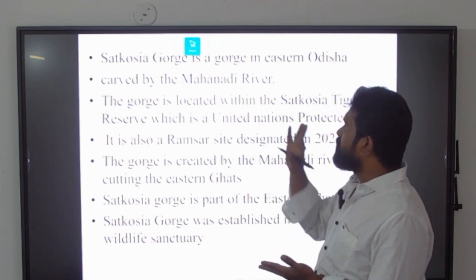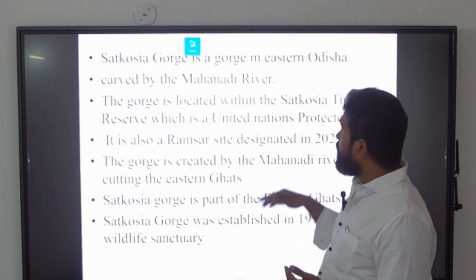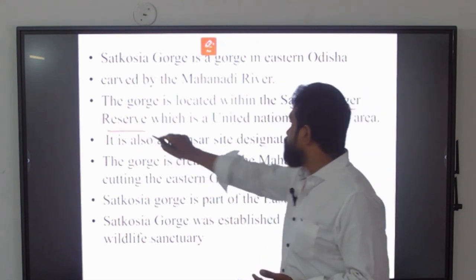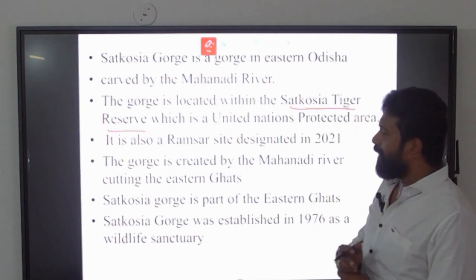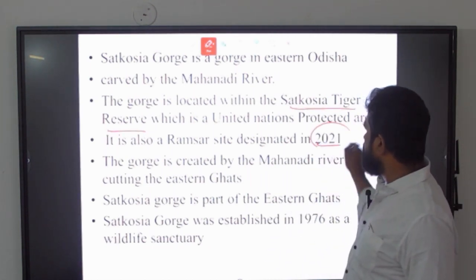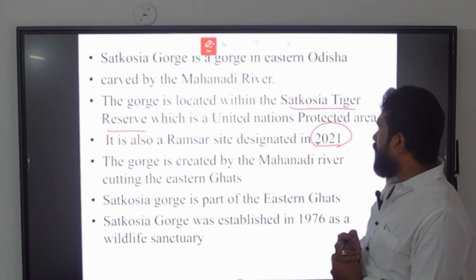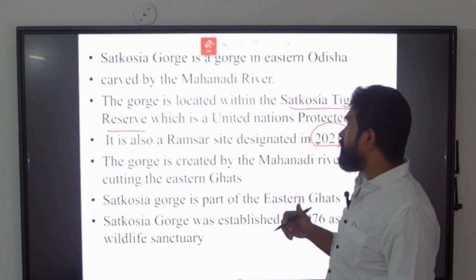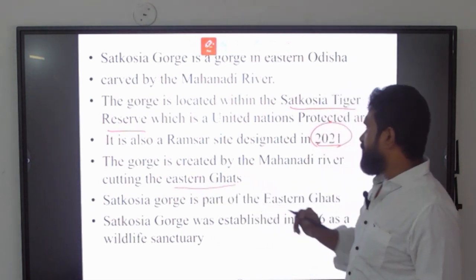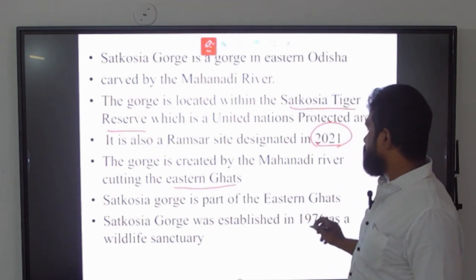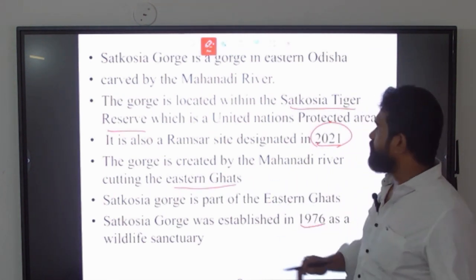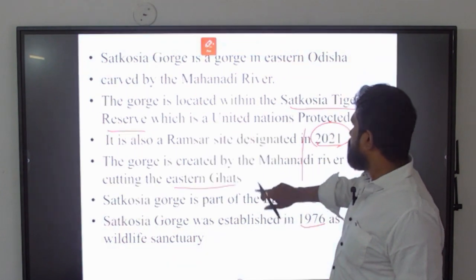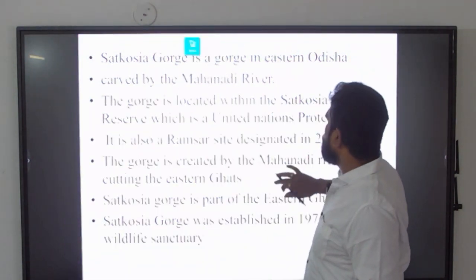In that Mahanadi river this gorge is located, and it also has a tiger reserve, which is a United Nations protected area, and it also became a Ramsar site in 2021. This Satkosia Gorge in Odisha, carved by the Mahanadi river in the Eastern Ghats, was also established in 1978 as a wildlife sanctuary. So these are the current events we should know about when we are reading on this.